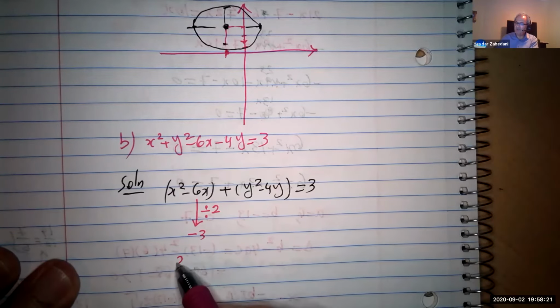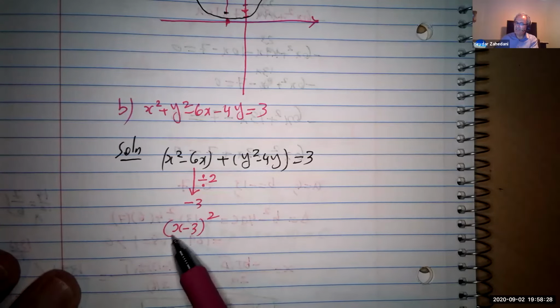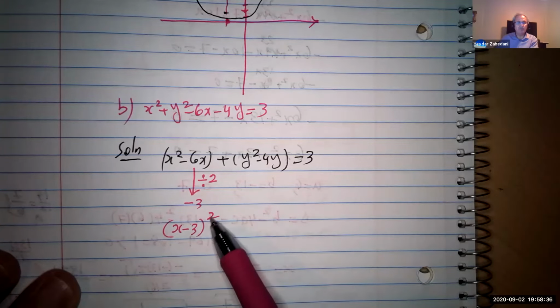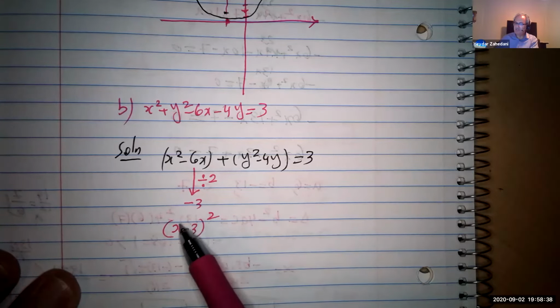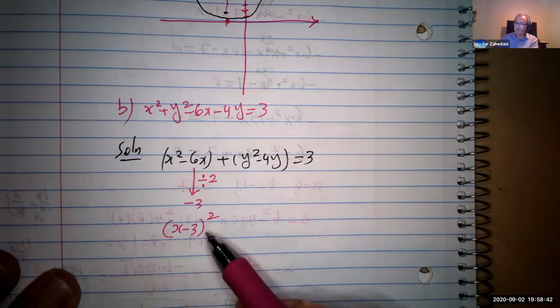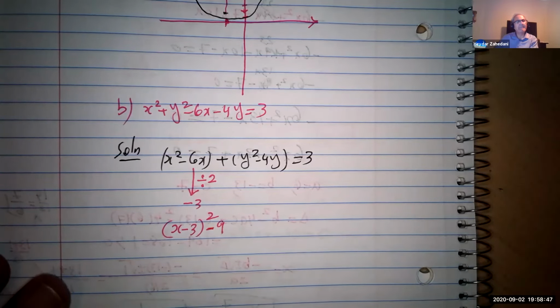So the first factor would be (x − 3)². When we square it, we get x², negative 6x, and negative 3 squared, which is a positive 9. So there is going to be a positive 9 here, but there is no positive 9, so we put the negative 9 to kill it, to make it even.